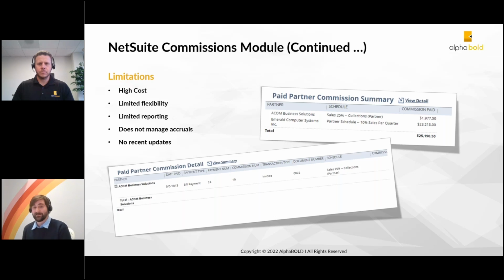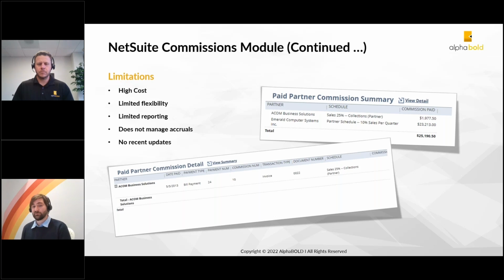That's what we looked at earlier on sales order lines. So that also may increase your cost of rollout. It's not always intuitive to understand how the system came up with certain values, and there are a handful of native reports that you can use to track NS commissions. So you may have certain limited reporting there.